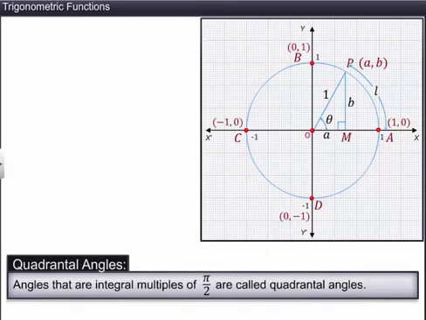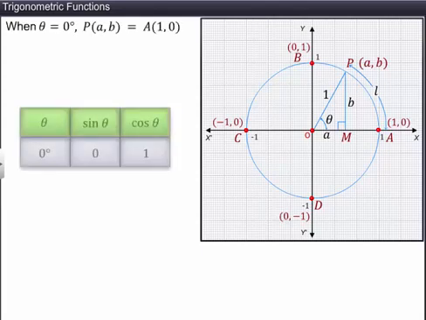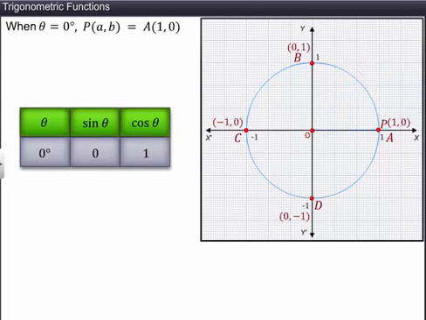Angles that are integral multiples of pi by 2 are called quadrantal angles. Let us find the values of sine theta and cos theta when theta is a quadrantal angle. When theta is equal to 0 degrees, point P coincides with point A. It implies that sine 0 degrees is equal to 0 and cos 0 degrees is equal to 1.